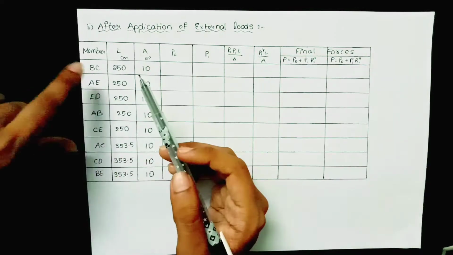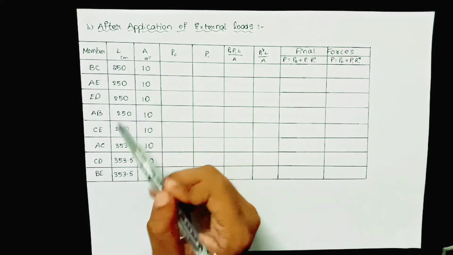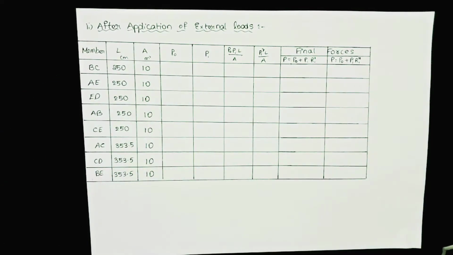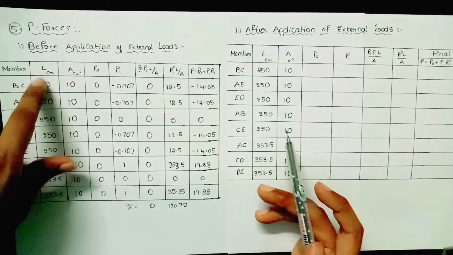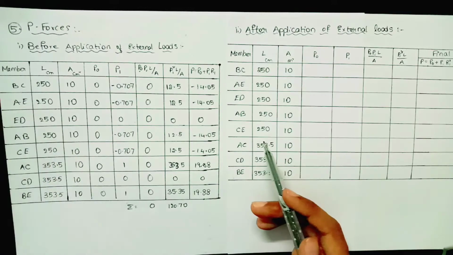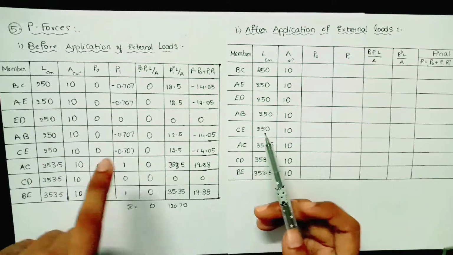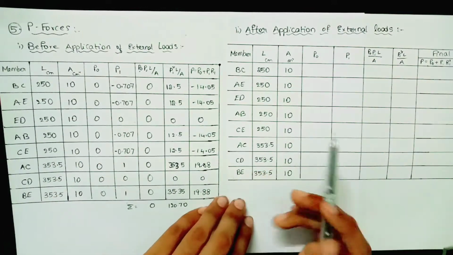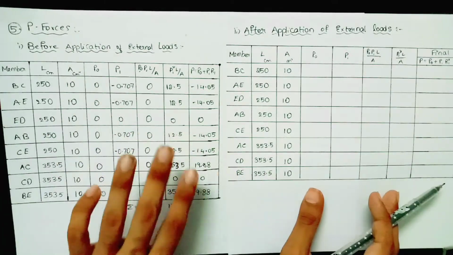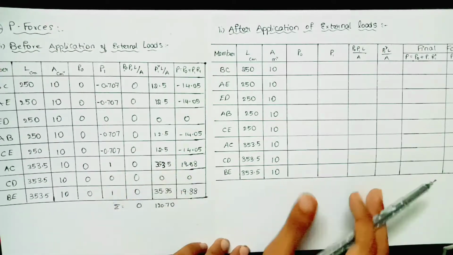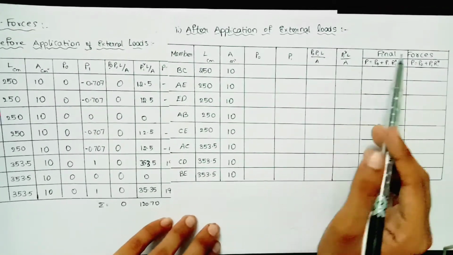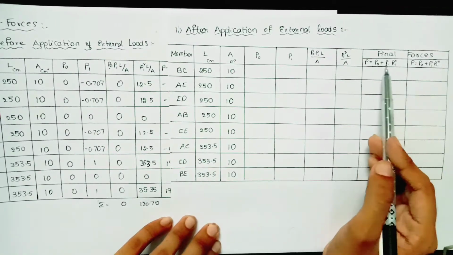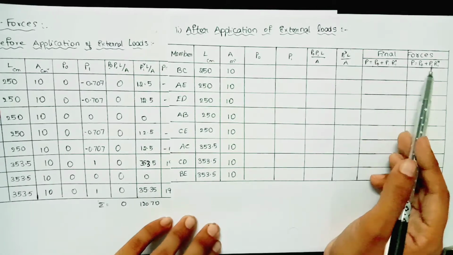So now I have drawn the same table which I have drawn in the first question. So as you can see here, this is the table which we have drawn for the first question. So this is the table which I have drawn for the second question. The table format is almost same, but for the calculation of final forces, here I have indicated two final forces, without lack of fit and with lack of fit.